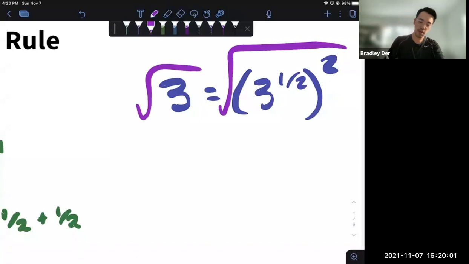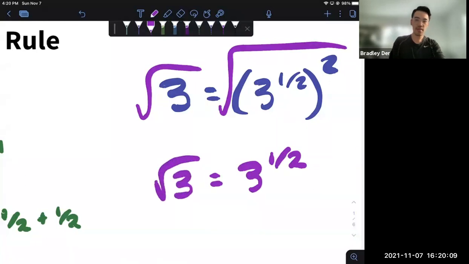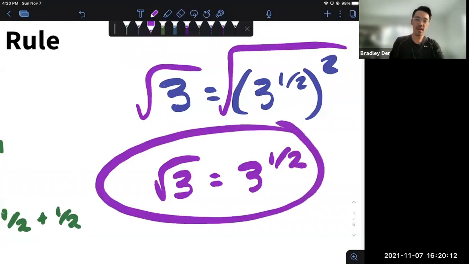The square root and the square will take care of each other and just leave behind a 3 to the 1/2. The square root of 3 does not reduce. And that is the equation that tells us the significance of this 3 to the 1/2. The 1/2 in your exponent is indicating a square root.